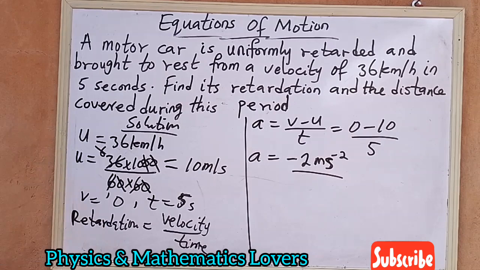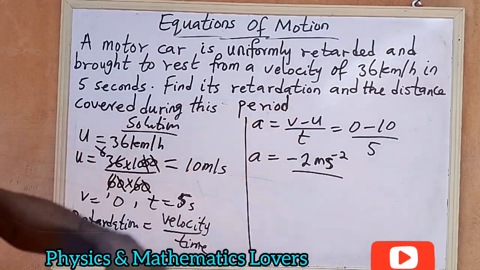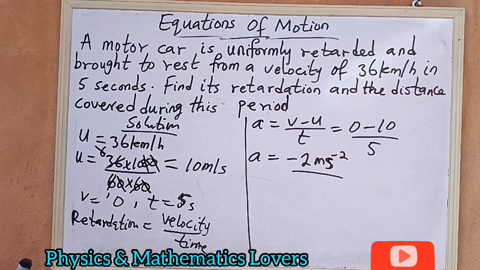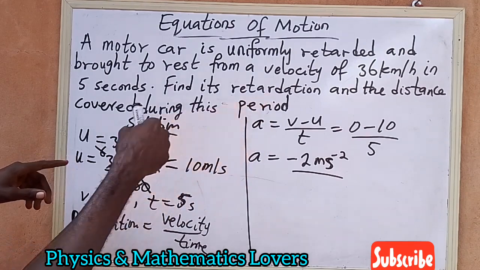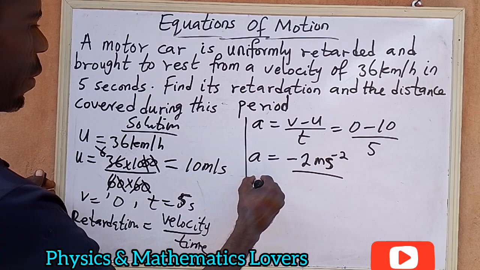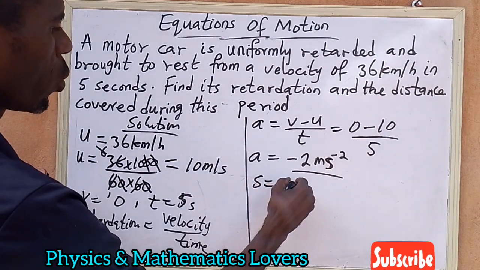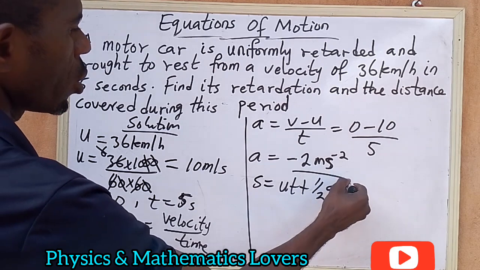Now let us go to the distance. What will be the distance covered? Now let's choose the formula, the one that has to do with acceleration and time. So the one that we have there with initial velocity is s equal to ut plus half at squared.